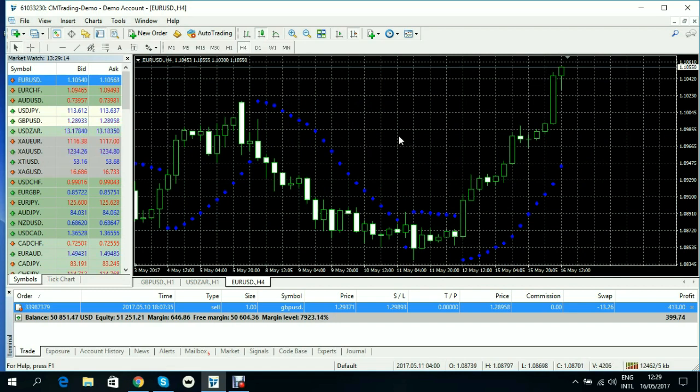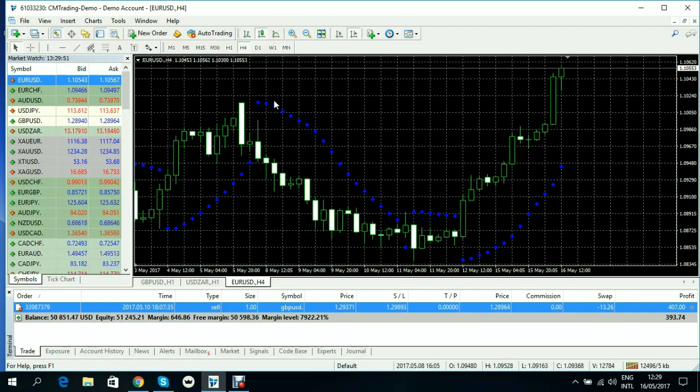For a sell position, for you to exit your trade, that is to pick your profit, when the first or the second or the third dot appears above, right?